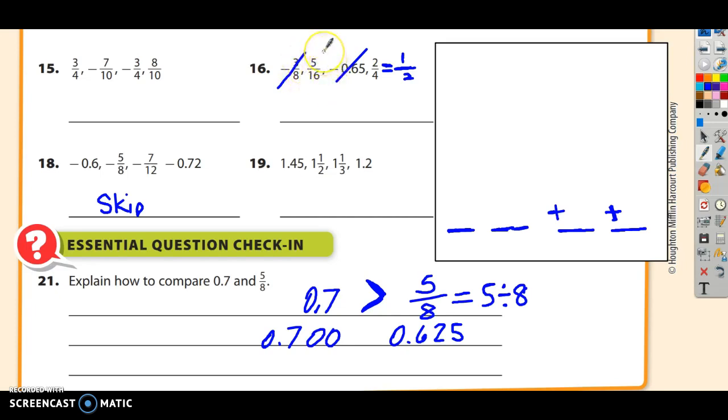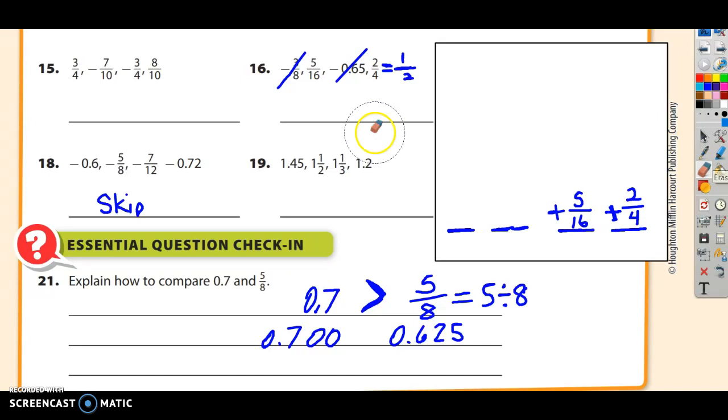No, because 8 is half of 16. And since 5 is less than 8, that's less than a half. This is less than a half, because a half would be 8/16. So if something is equal to a half and something else is less than a half, the less than a half is smaller. So 5/16 would go here, and 2/4 would go here.